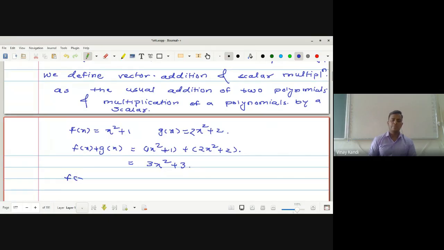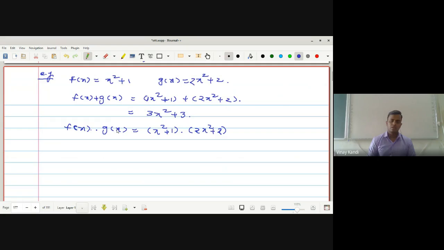Okay, and usual multiplication of two polynomials means f of x into g of x, for example, x square plus 1 into 2x square plus 2.